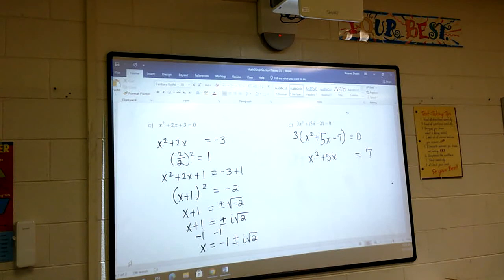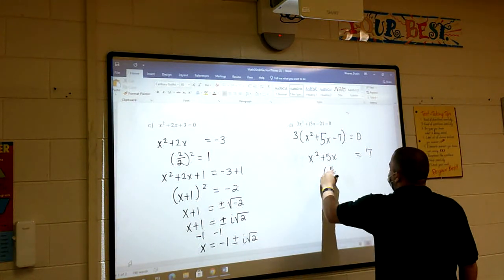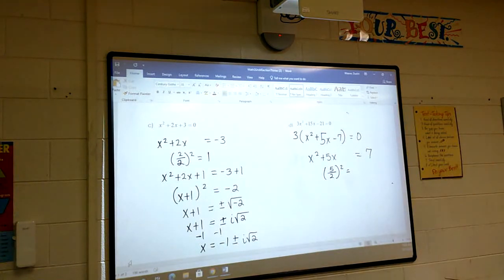And now it's okay, except for the first time we're going to end up with some fractions. So we say 5 divided by 2 squared. You might know what that is? You would think I was asking you to do something crazy. 5 squared is 25 and 2 squared is 4, so it's 25 over 4, so that's 6.25.